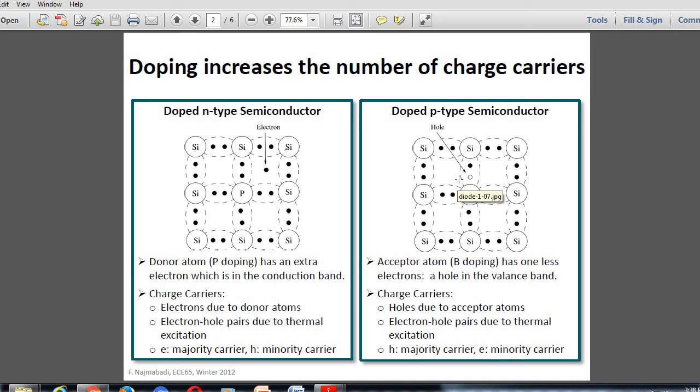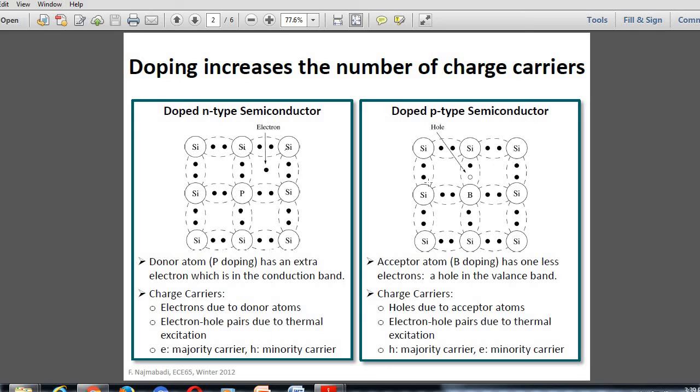Since each trivalent atom has only 3 valence electrons, only 7 electrons exist in its valence orbit. That is, one hole results from each trivalent atom added. Because the trivalent atom can take 1 electron, it is often referred to as the acceptor atom. The number of holes can be controlled by the number of impurity atoms added to the silicon.